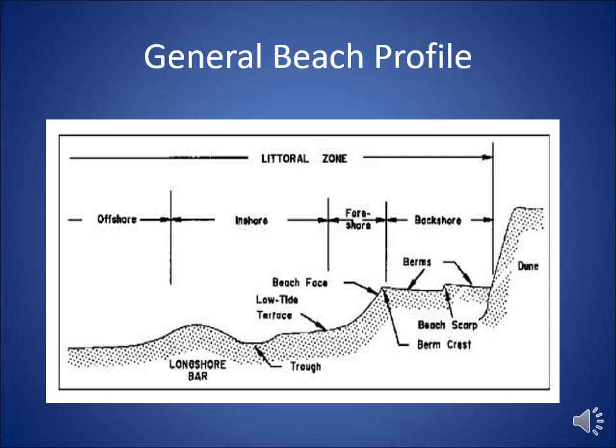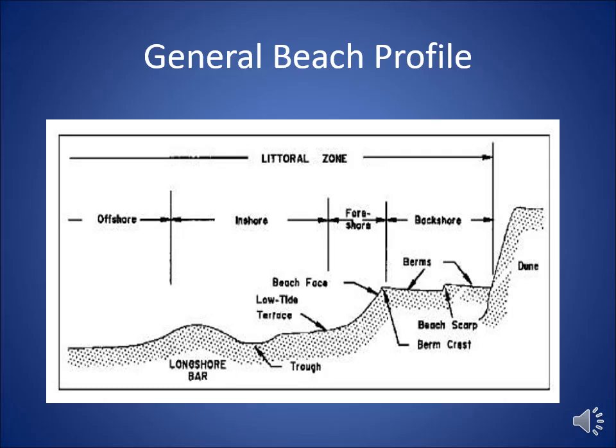Now, in many places along the East Coast, the wave energy tends to be lower during the summer. The storms tend to be fewer and further between and not as violent as the winter storms. And so the summer berm is often a lower energy situation. The sand may be slightly finer grained.